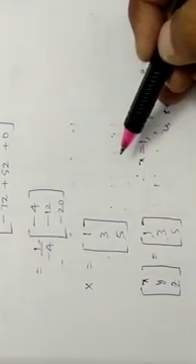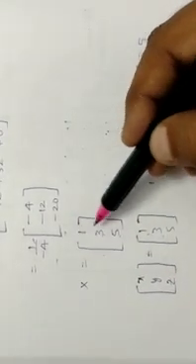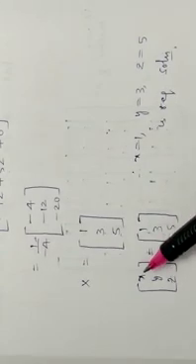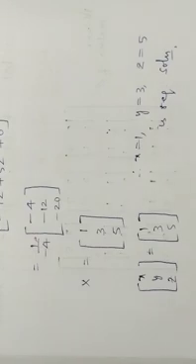X is a column matrix X, Y, Z that equals 1, 3, 5. Two matrices are equal. Since these two orders are equal, corresponding elements are equal, so X equals 1, Y equals 3, Z equals 5. This is our required solution. Like this, we solve the system using the matrix inversion method. Problem is over.